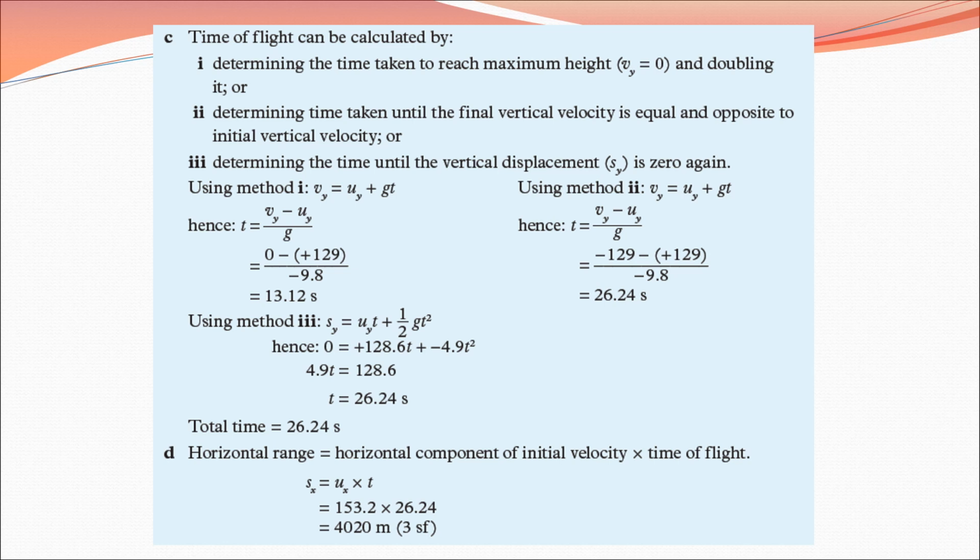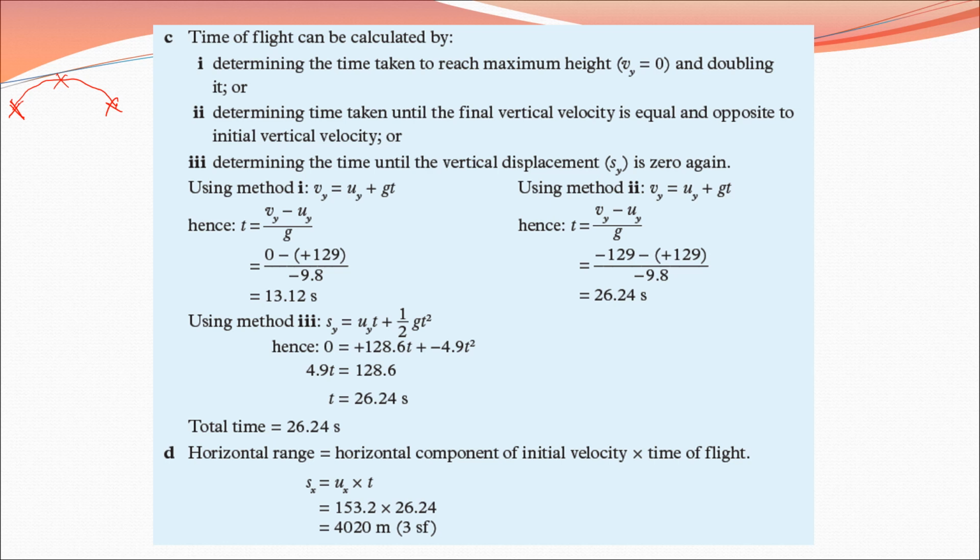Okay, so the time of the flight can be calculated 3 ways. We have the bullet that starts at a point, flies through the air, and hits the ground again. We can calculate the time it takes for the bullet to get from that start point to the top, as in how long does it take for the vertical velocity to get to 0. Once we've worked out that time, we double it.